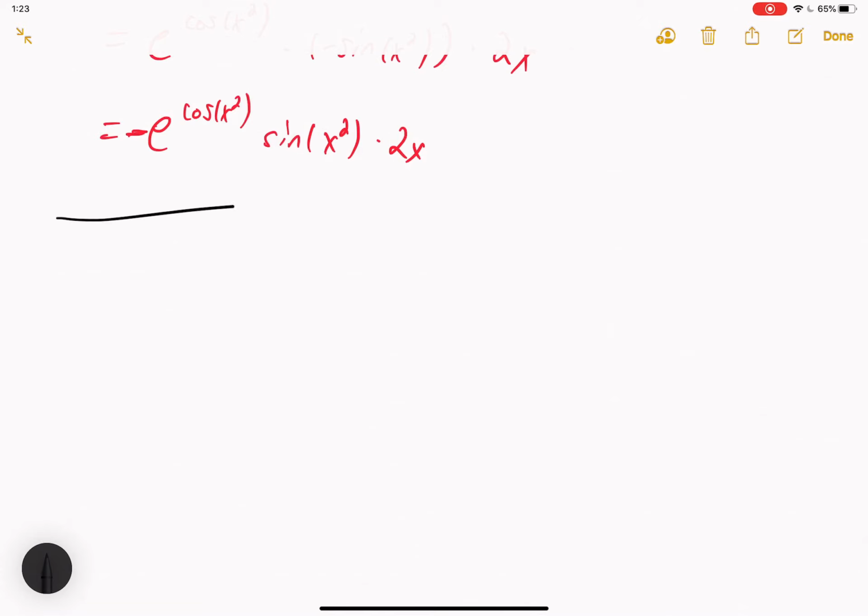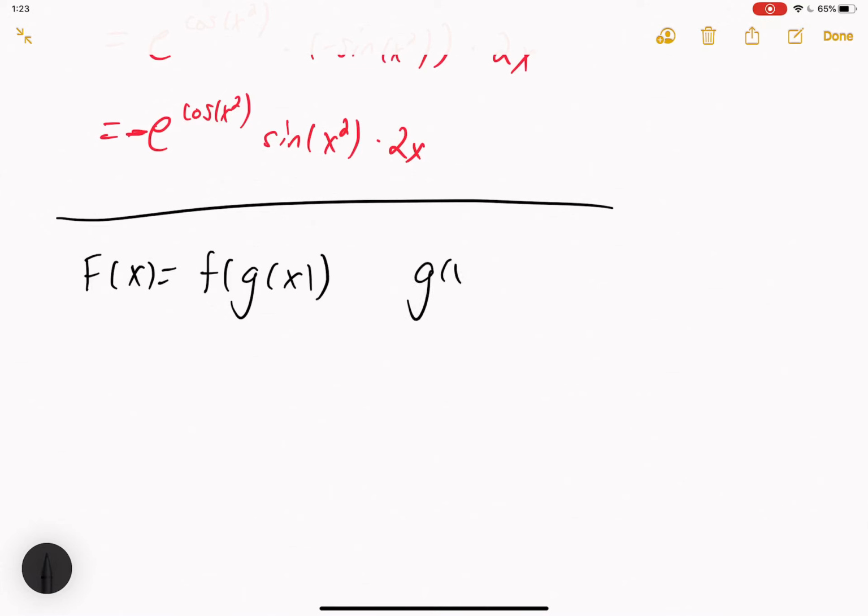So basically what we did right here was in a very general setting. We had a function, let's say capital F of x is equal to f of g of h of x.